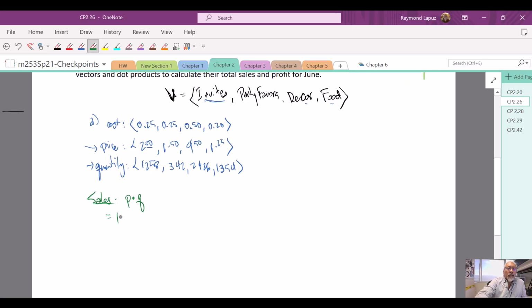There's 1258 invitations selling for $2.50 each, and then there's 342 party favors selling for $1.50, and there are 2426 decorations being sold for $4.50.